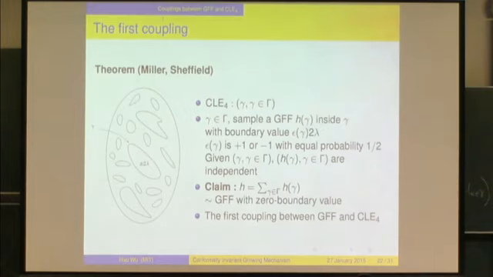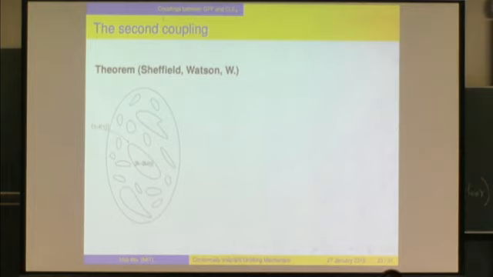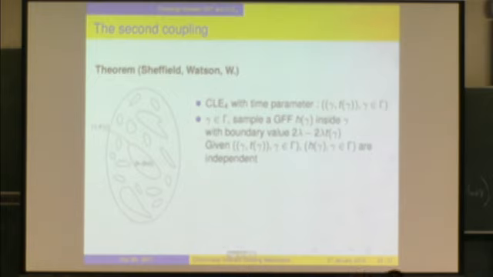Okay, this is the first coupling, and next is the second coupling. This is the part we relate to the second part of the talk. First, we sample a CLE4 with time parameter. So now we have a collection of loops, and each loop has a time. For each loop, we sample a Gaussian free field inside the loop, but the mean height is 2 minus 2t.